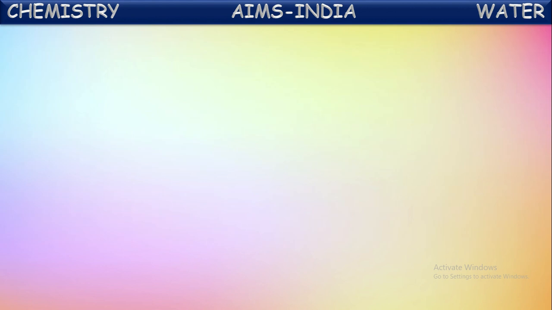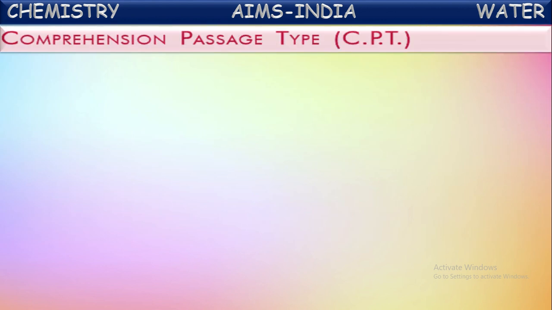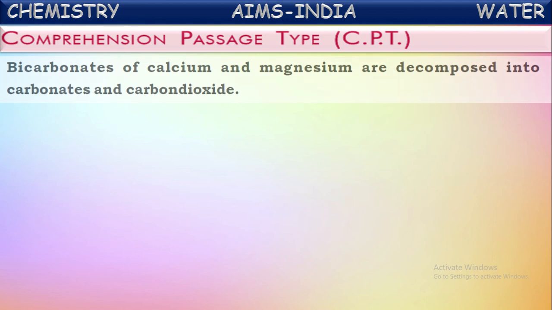Okay. Next. Now let us see the comprehension passage type questions. Here we are going to read a paragraph passage related to this chapter. Based upon that, we are going to see some questions. First, let us see the paragraph given. Bicarbonates of calcium and magnesium are decomposed into carbonates and carbon dioxide. So where do we get this actually?